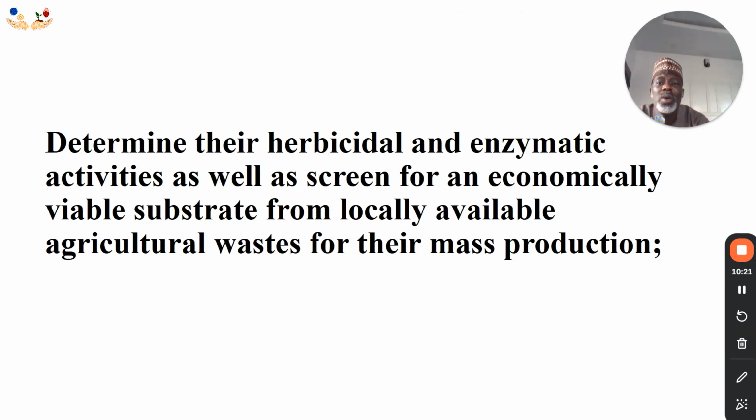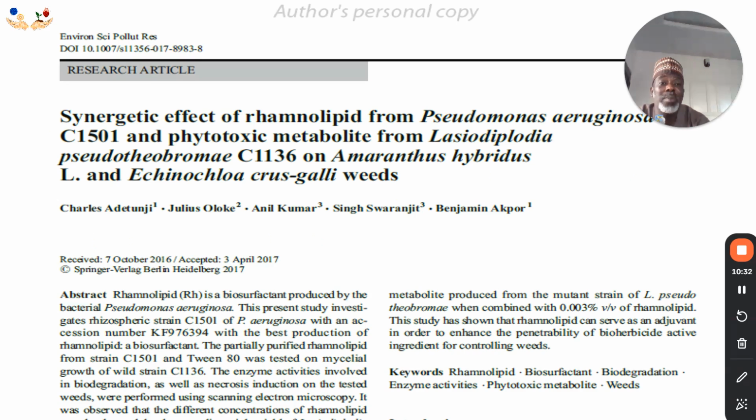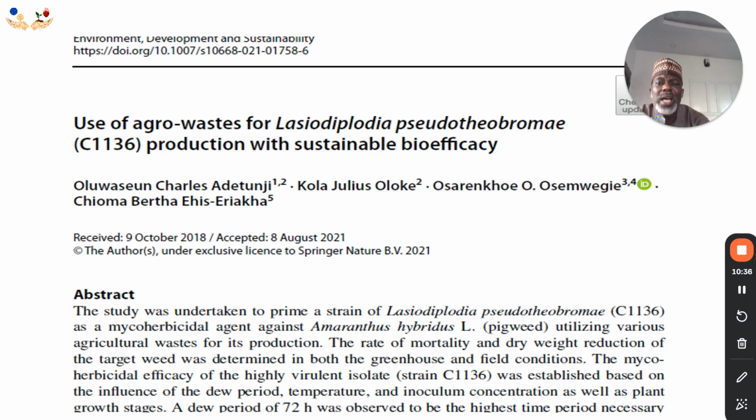We went further to establish the herbicidal and enzymatic activity, as well as screen the economically viable substrates, available agricultural waste, for the mass production of these strains. And this is another publication we were able to publish on the use of agro-waste production with sustainable efficiency.